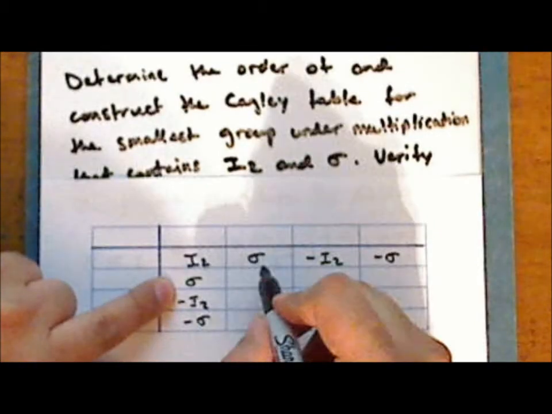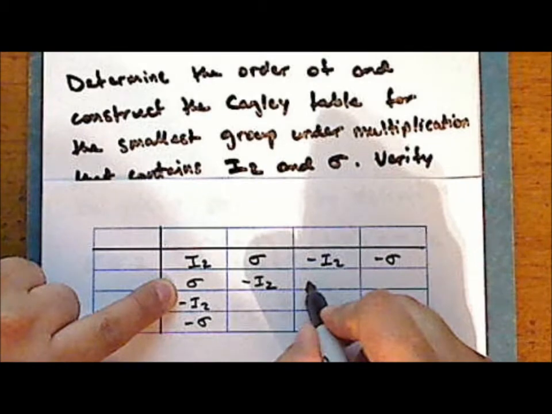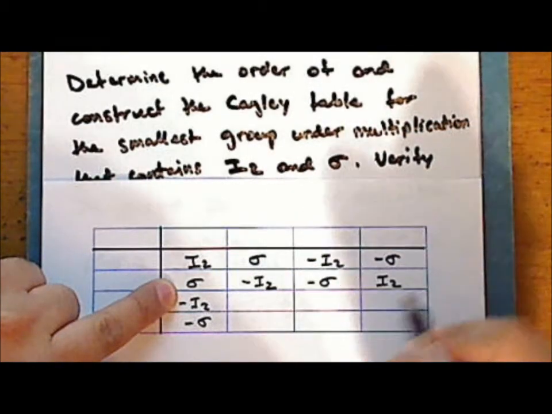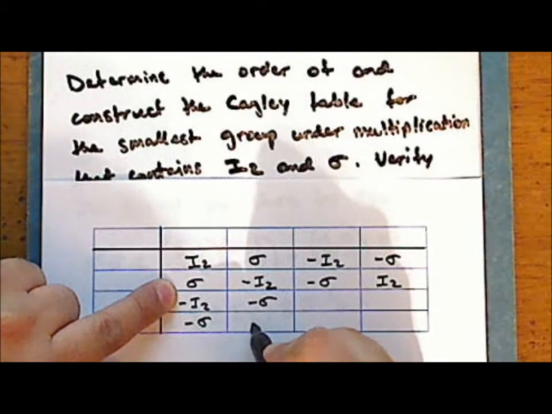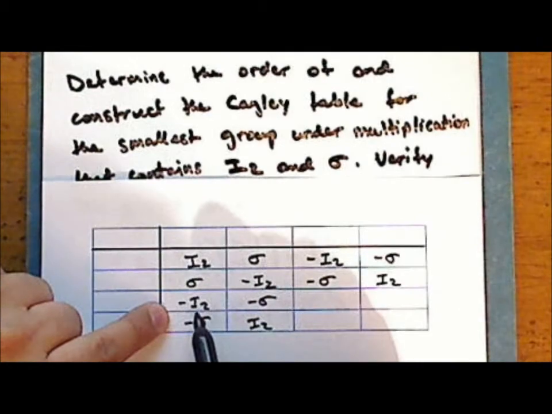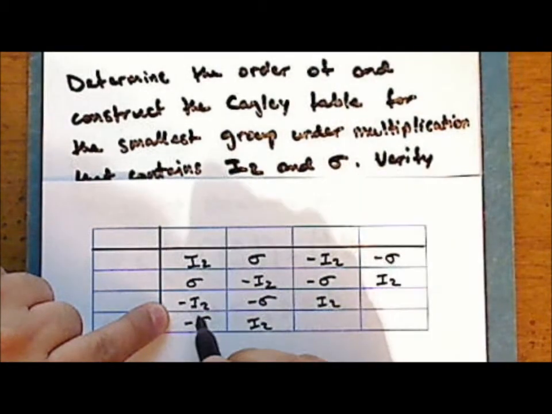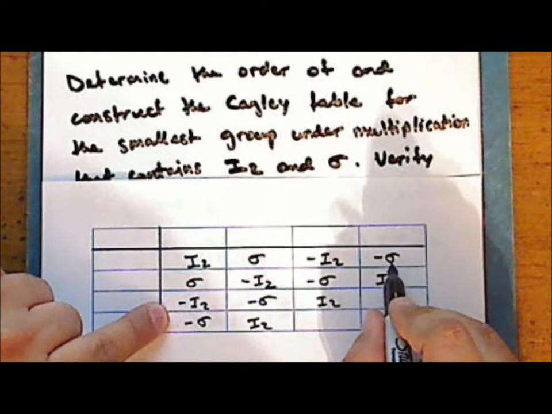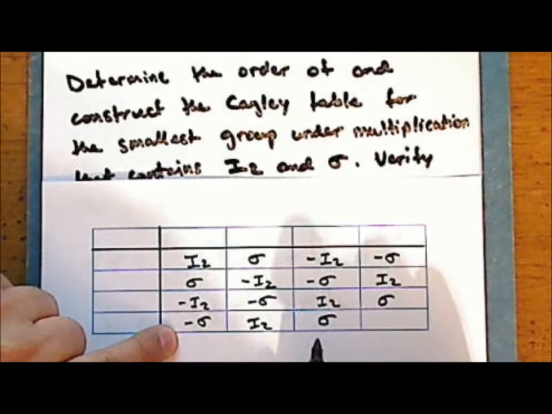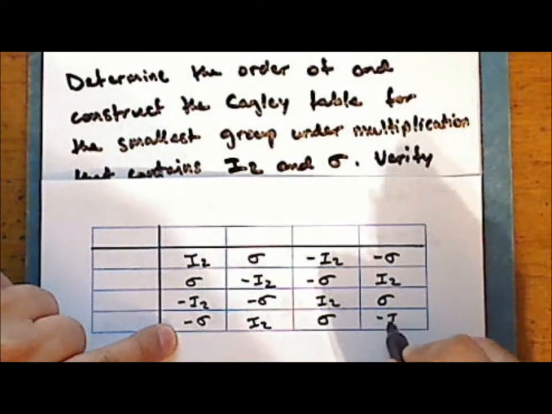Now sigma times sigma is negative identity, sigma times negative identity is negative sigma, and sigma times negative sigma is identity. Now, negative identity times negative identity is positive identity, and negative identity times negative sigma is positive sigma, and negative sigma times negative sigma is negative identity.